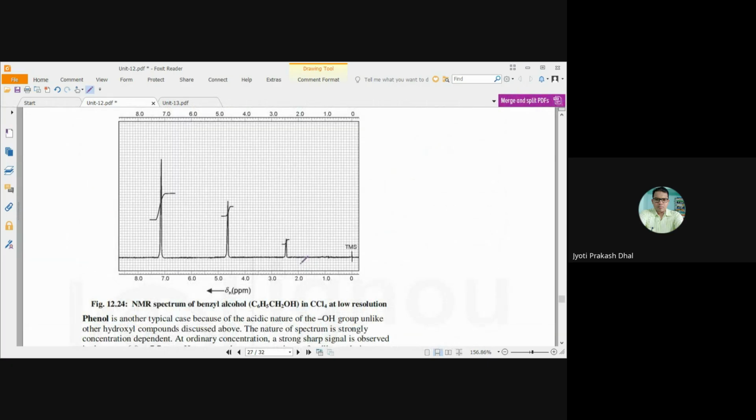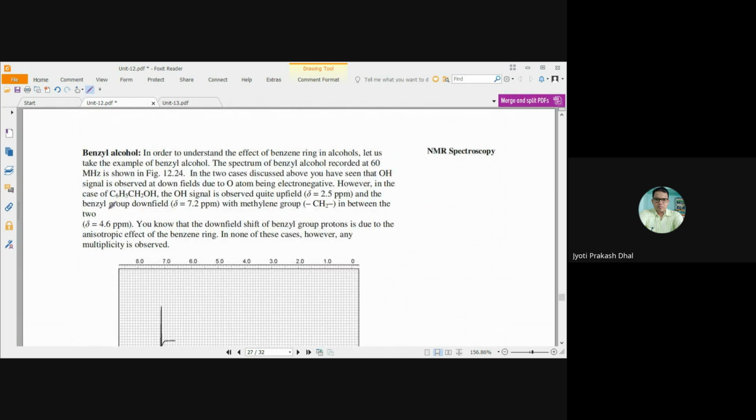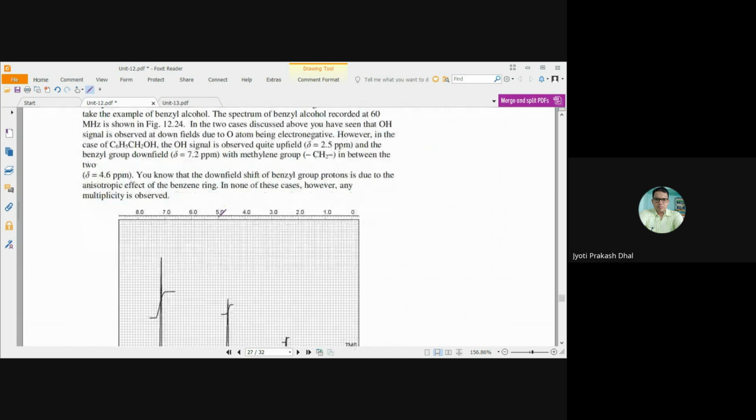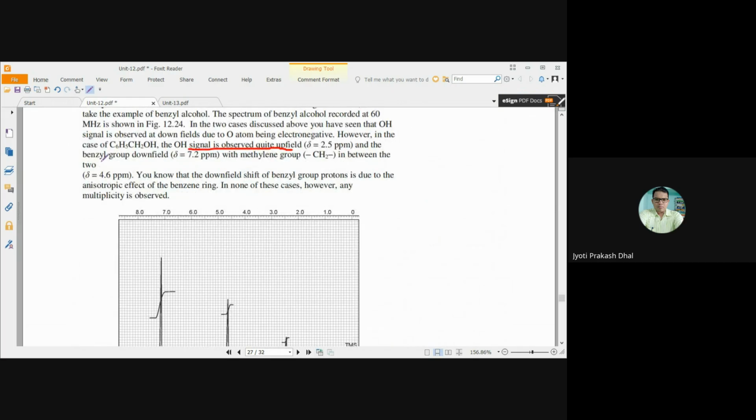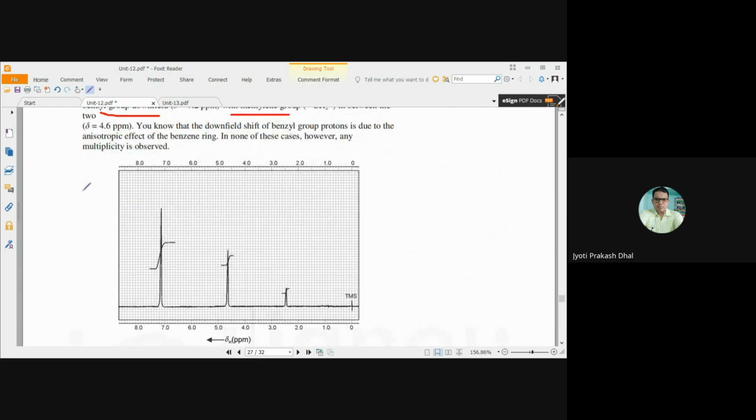So this is the NMR spectrum of benzyl alcohol, C6H5CH2OH. In the case of C6H5CH2OH, the OH signal is observed at quite upfield, and the benzyl group is at downfield, with the methylene group between the two.